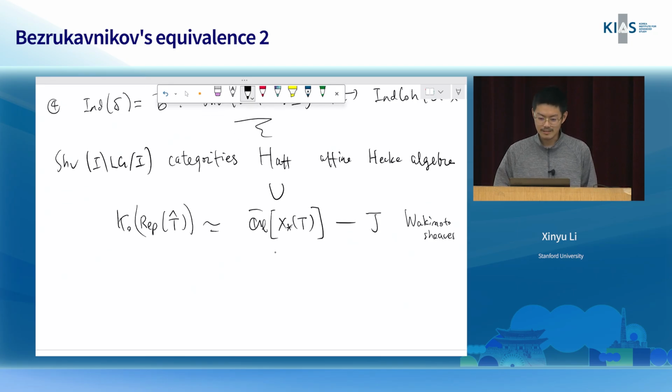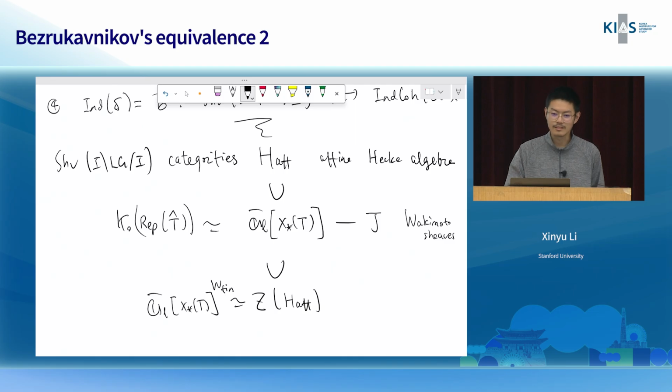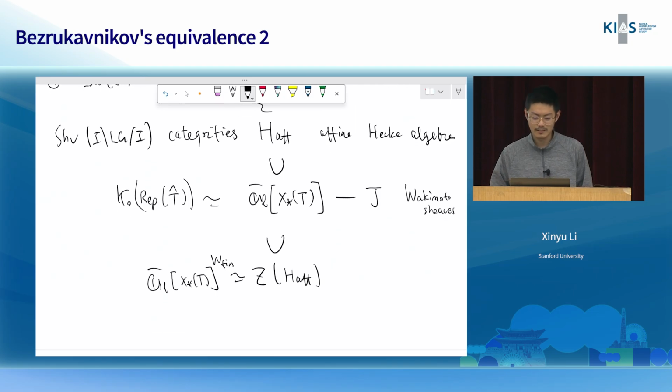And furthermore, inside here, I have the center of the affine Hecke category, which by a theorem of Bernstein is isomorphic to the W finite invariant part in this translation part. So W finite is the finite Weyl group, and it acts naturally on the co-character lattice.